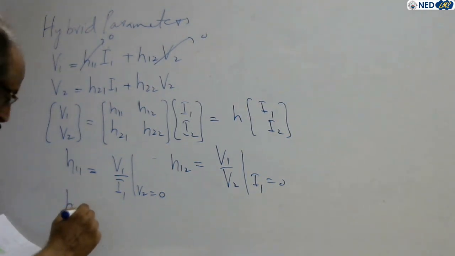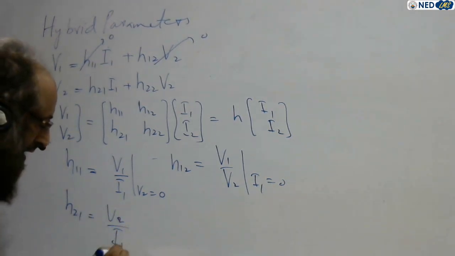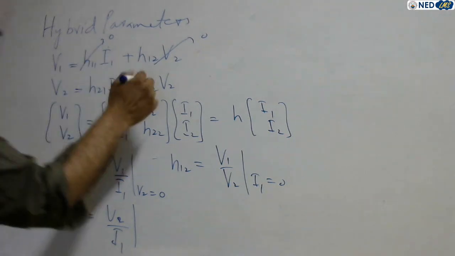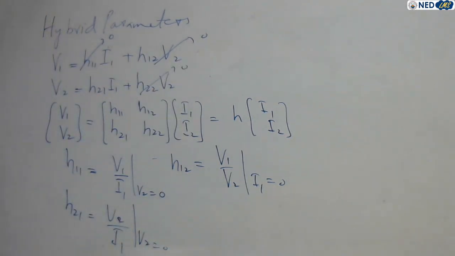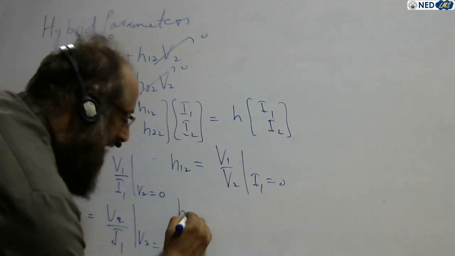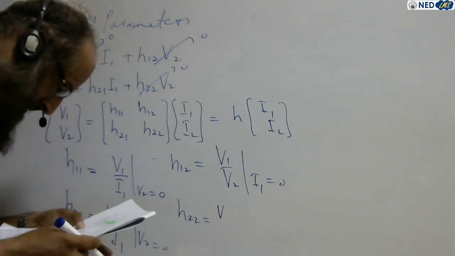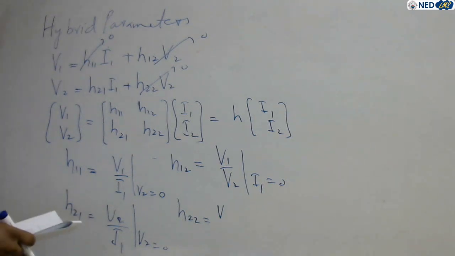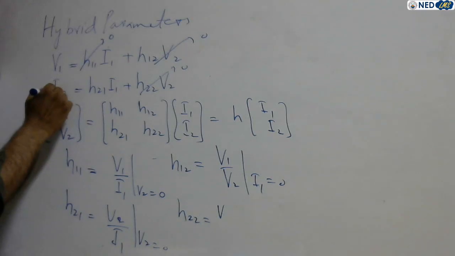Similarly, H21 equals I2 over I1 with V2 equals 0. Sorry, there is a correction in the equation: the left-hand parameter in the second equation is not V2, but I2 actually.